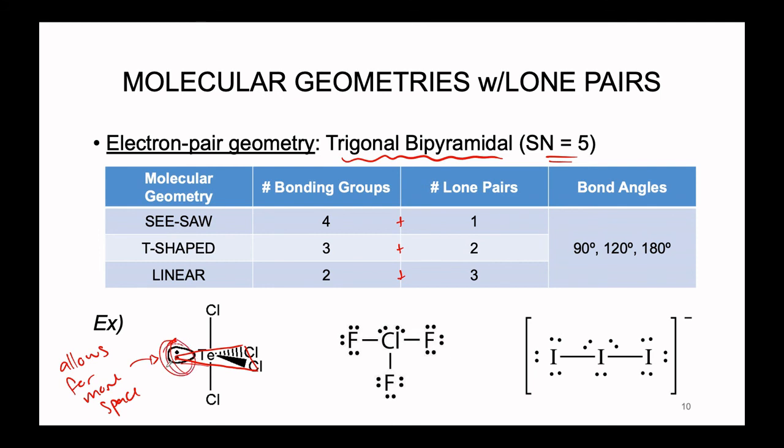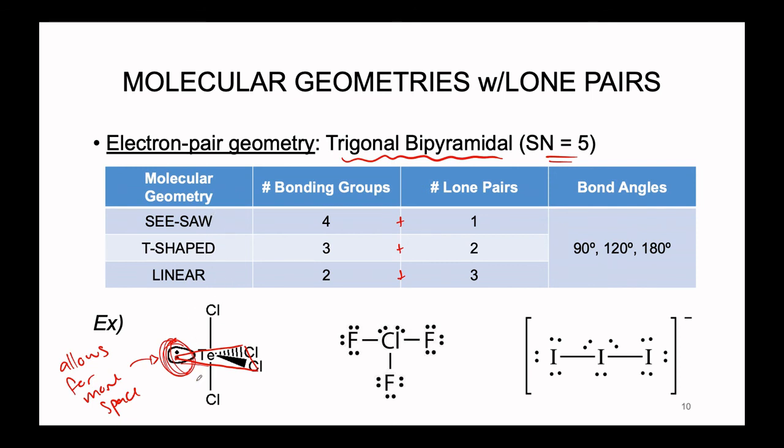So since they take up a little bit more space, naturally when a lone pair occurs around a central atom, it's going to opt into the location that's going to allow it to spread out as much as it can. The remaining atoms then are going to be in the remaining locations. So we have 4 bonds, one pointing up, one pointing down, one coming out of us to the left, one going back behind us, one coming up towards us on the right, one back behind on the right.